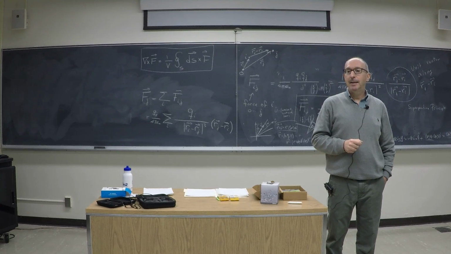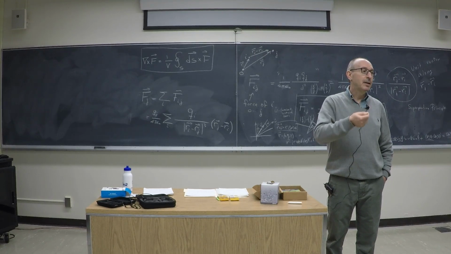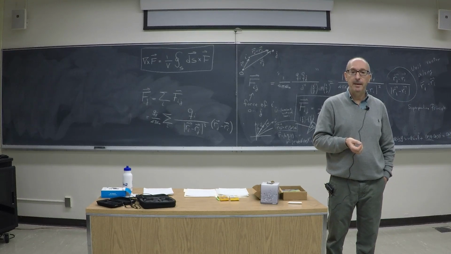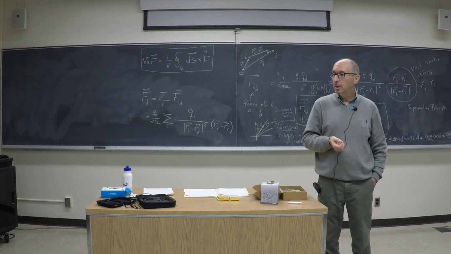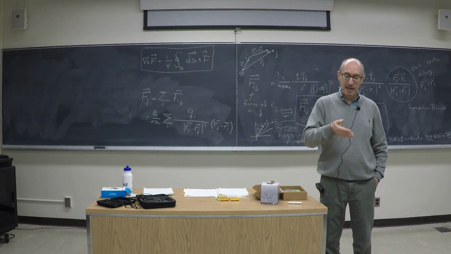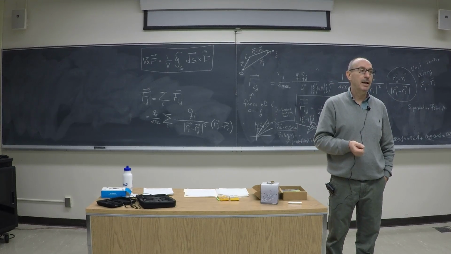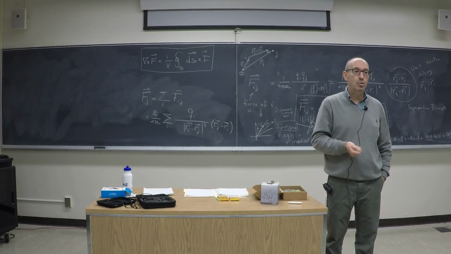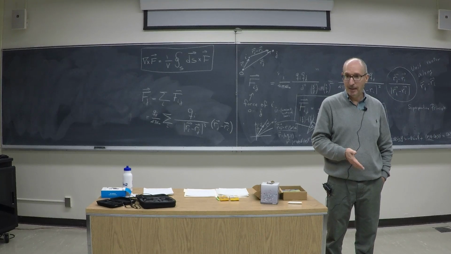Okay? And now the problem is that when I bring that new charge into the neighborhood of the conductor, because many of the charges in the conductor are very free to move, very easily movable, if I bring a charge close to the conductor, I'm going to move the charges in the conductor, and that's a fact.